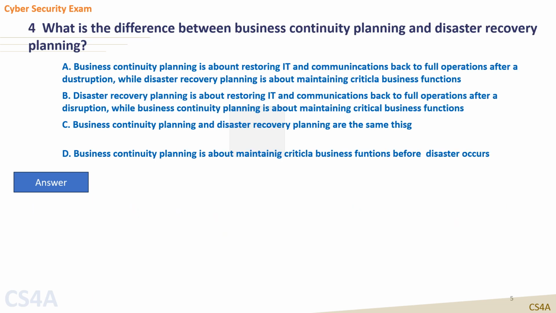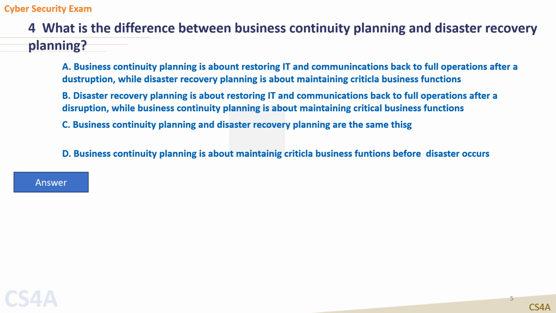So here the question is, what is the difference between business continuity planning and disaster recovery planning? The first option is business continuity planning is about restoring IT and communication back to full operation. A business continuity plan is not only about restoring IT and communication. It's about sustaining the mission critical business operations. So option A is not the correct one.